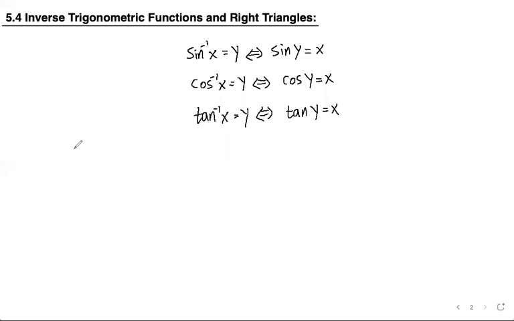So here I can set the function, domain, and the range.